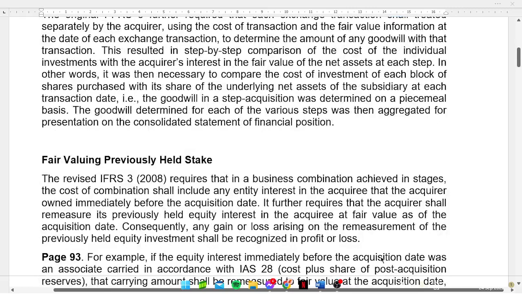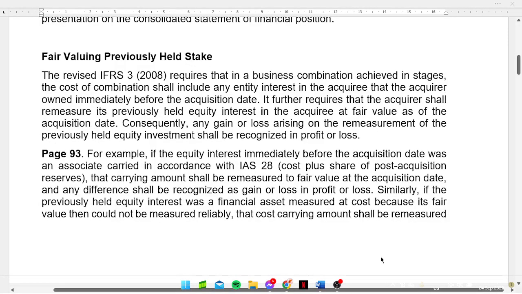Ito yung one meeting na mention ko na parang hindi pa tayo nakakakita ng computation ng goodwill na bukod sa fair value ng consideration ibinigay ng acquirer plus yung fair value ng non-controlling interest, meron ding ila-add yung fair value ng previously held interest ng acquirer doon sa acquiree.